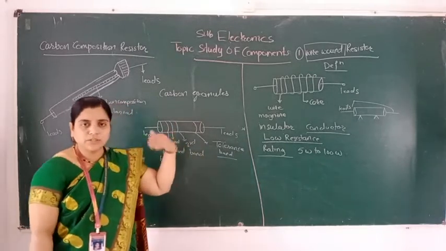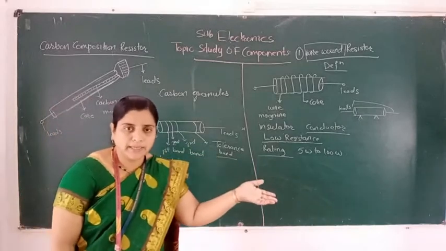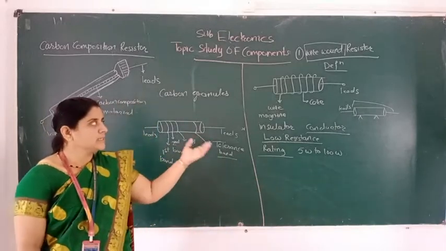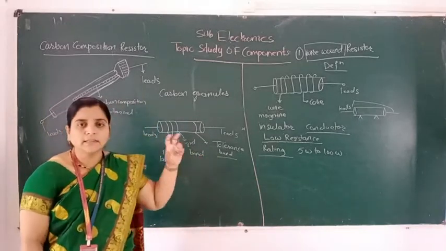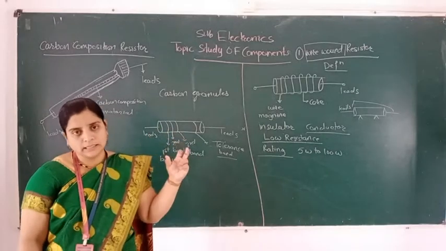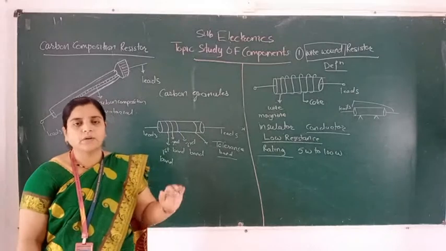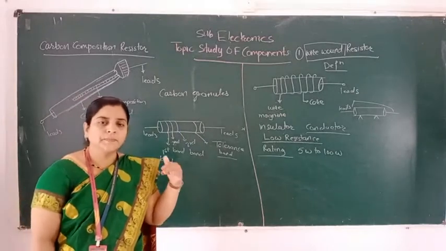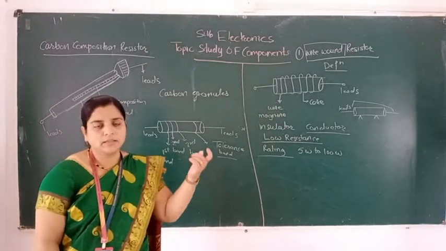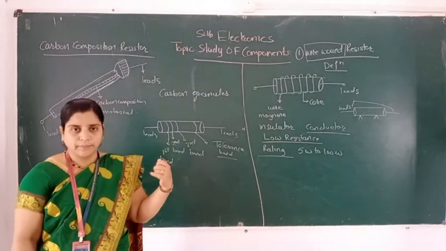We have to see in the next period the color band of the resistor. There are colors and values are given. According to that we have to calculate the value of the resistor from the color of the band.